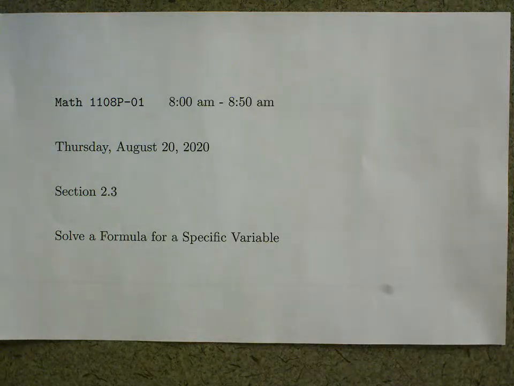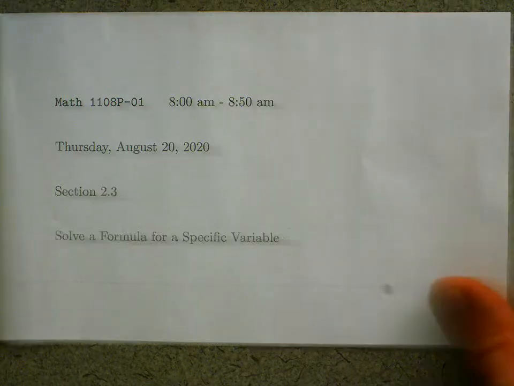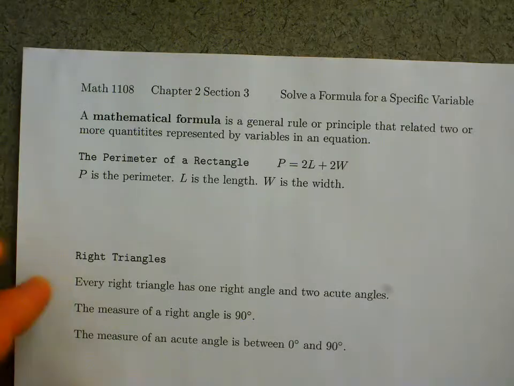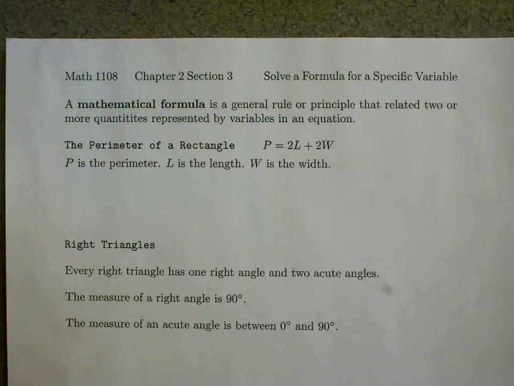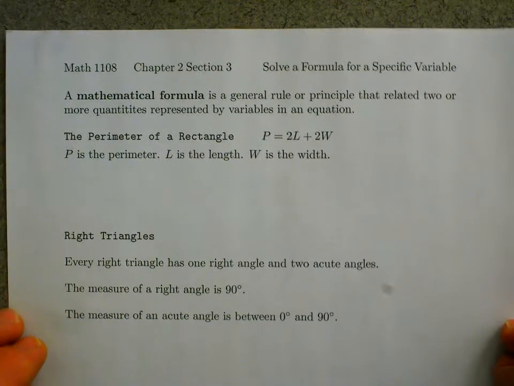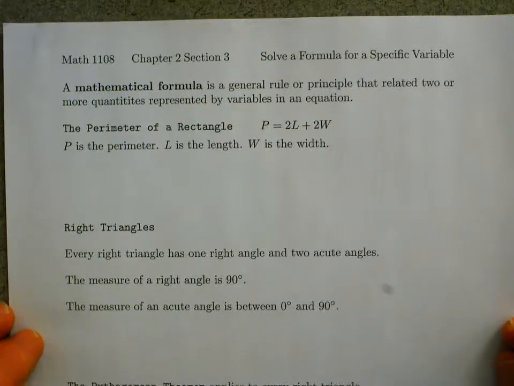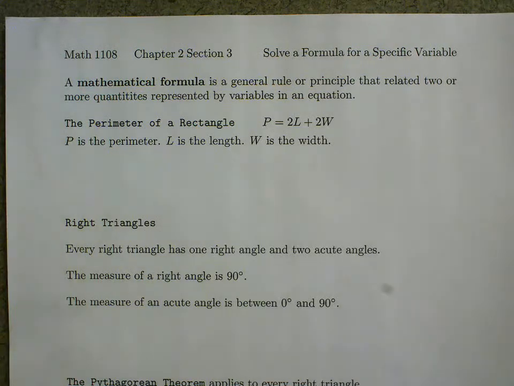Okay, let's go ahead and get started. We're in section 2.3 today. Section 2.3, the topic is solve a formula for a specific variable. We'll look at a number of formulas.